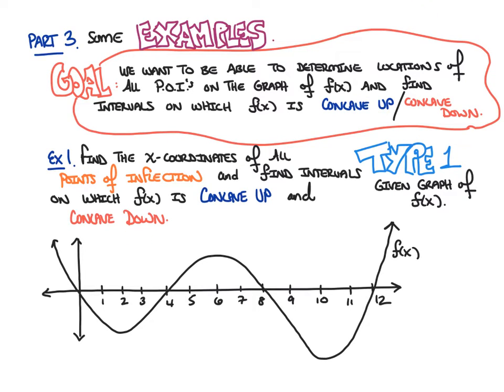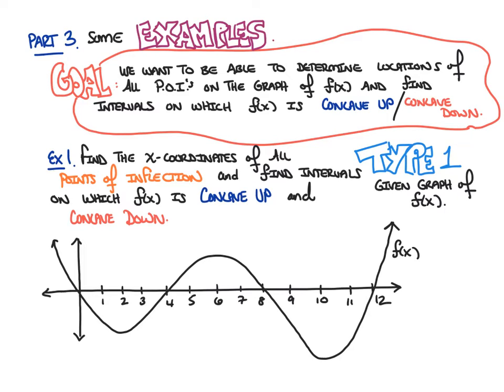So we're going to see this 4 times. Type 1, the first example you'll see is when you're given the graph of f of x. This is the easiest type because it's all right in front of us, and we can actually target what's happening here. Now, first of all, let's try to find those POIs. The graphs, generally on WebAssign when you're doing homework, it'll be very clear where the change is happening.